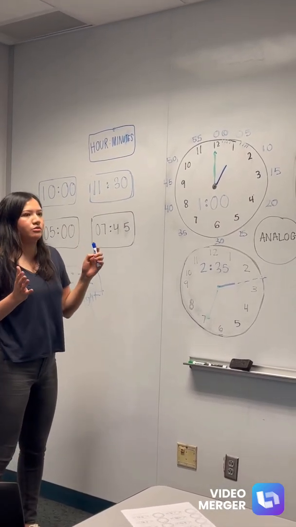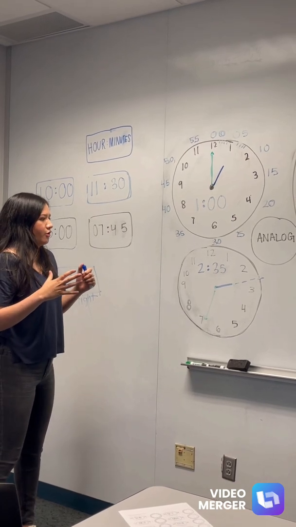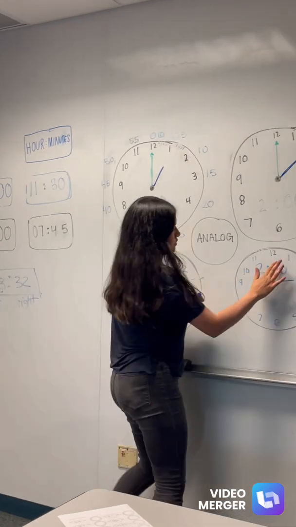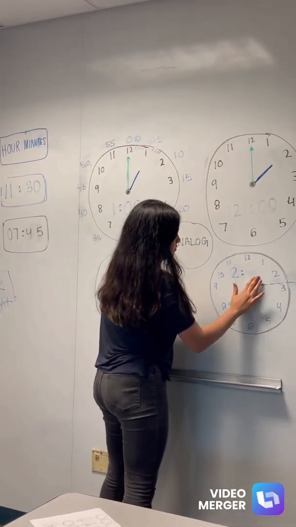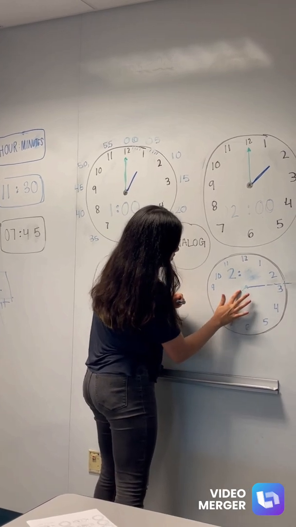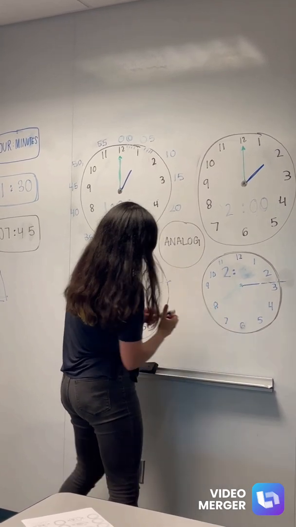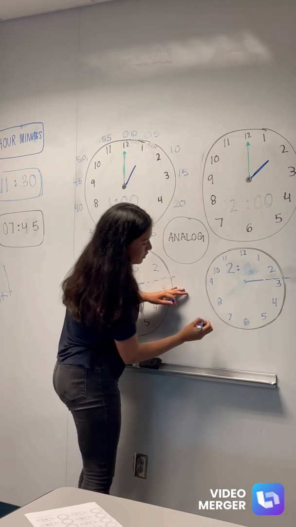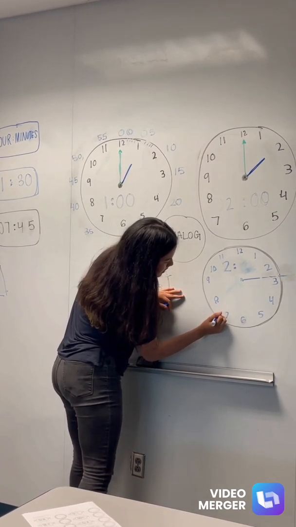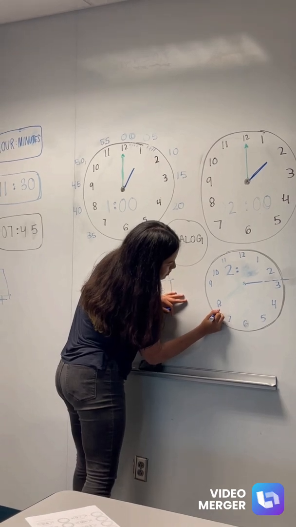a time like 2:37. So, like I said, when you look closely on an analog clock, there's little ticks that we can sometimes barely see, but if you hold one up close, we can see it.